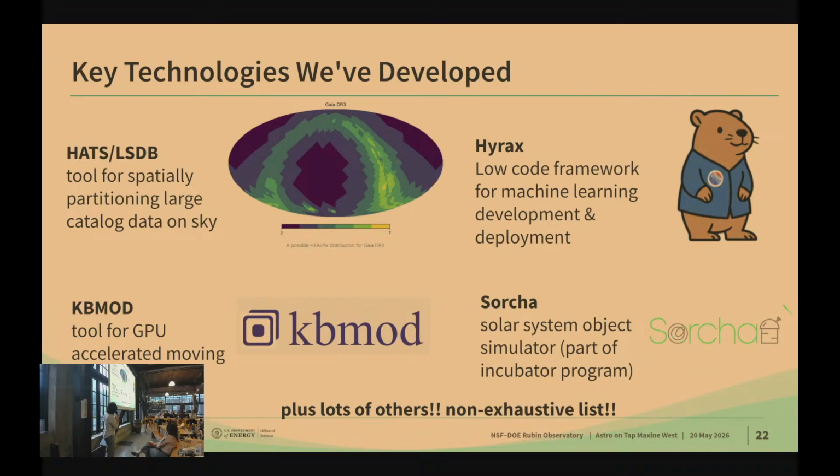And the thing that I'm going to talk about a little bit more in the next couple of slides is KBMod, which is a tool for GPU-accelerated moving object detection, which is basically finding very dim objects that don't necessarily appear in a single image, but you can pull out the observations by stacking up multiple images.